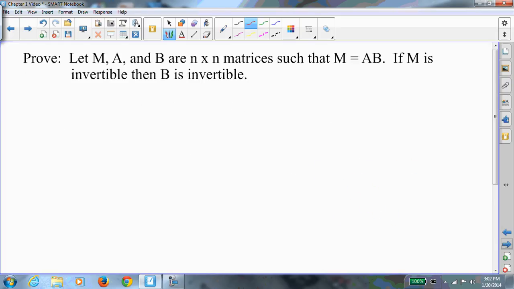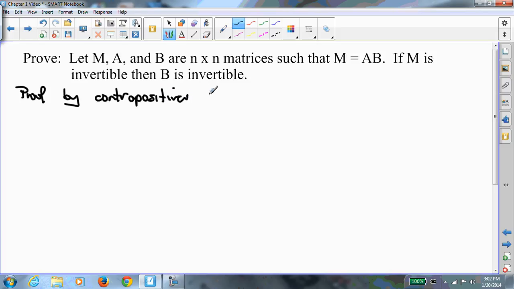Alright, and let's do a proof by contradiction. So proof by contradiction means I'm going to assume the opposite and show that it leads to a contradiction. The idea here is basically a proof by contrapositive. So a proof by contrapositive basically works like this: if something is true, then its contrapositive also has to be true.